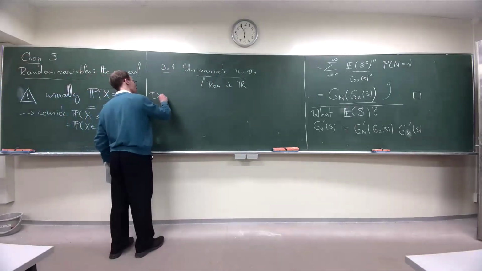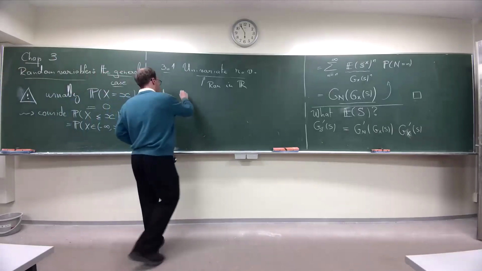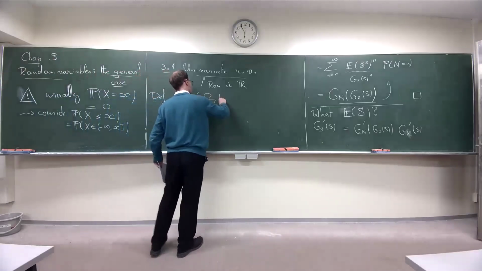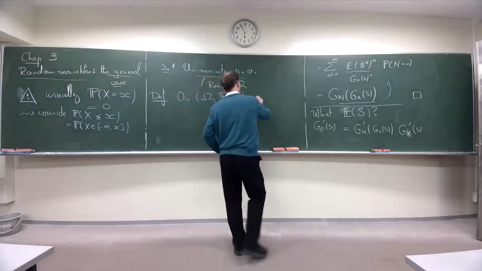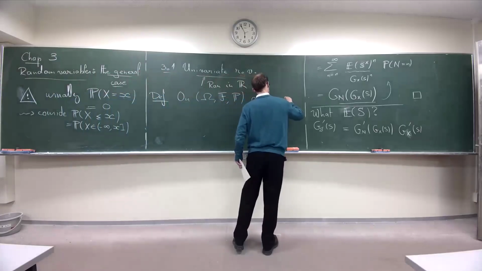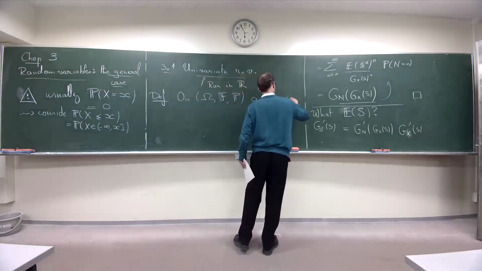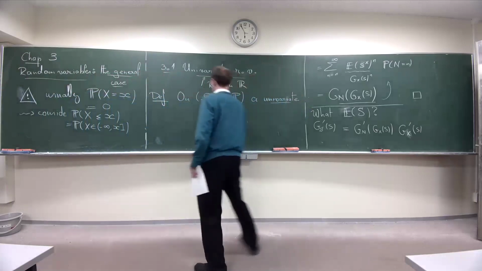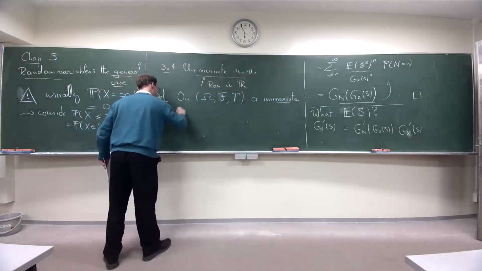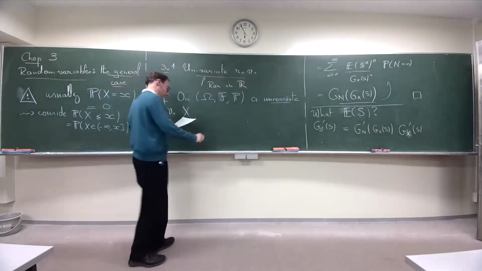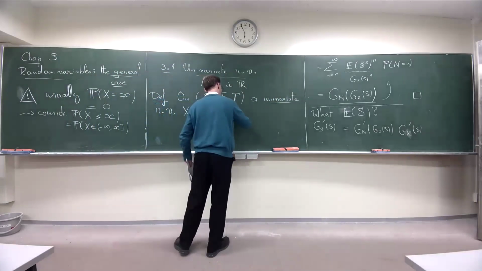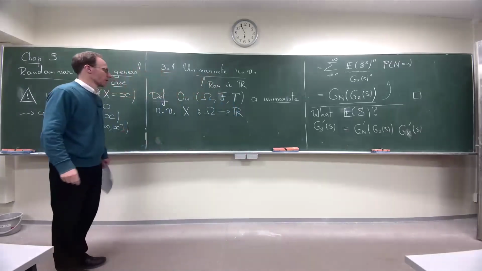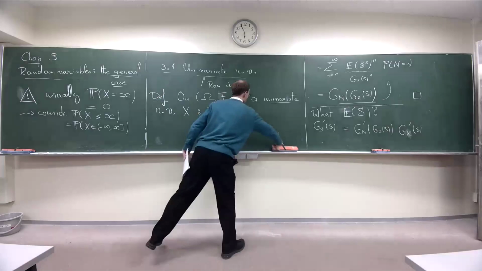So what is the definition? On a probability space, a univariate random variable X goes from omega to R. Or, no, the sentence is not good.